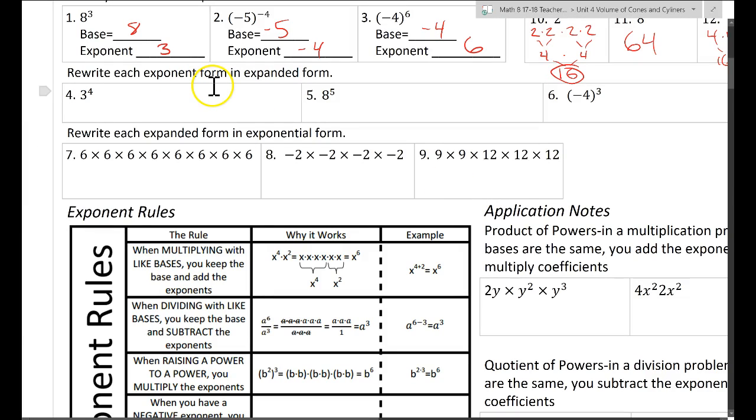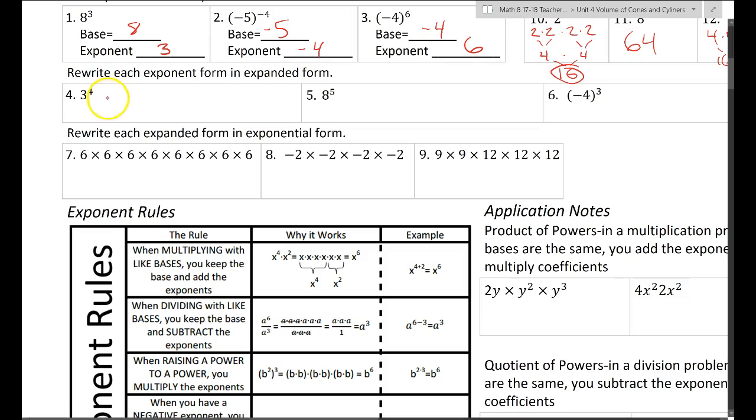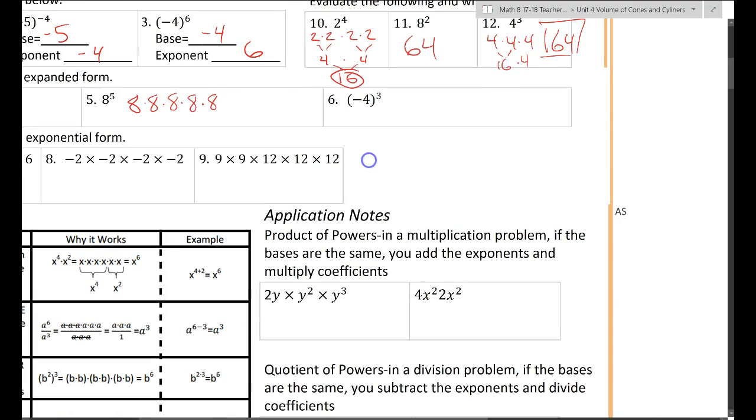Rewrite each in exponent and expanded form. Pause the video, give this a shot. All right, so here you should have gotten 3 times 3 times 3 times 3. That's expanded. 8 times 8 times 8 times 8 times 8. And here, this is kind of a weird one, so be careful with these parentheses.